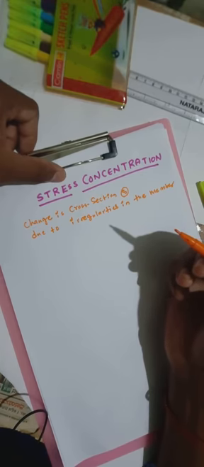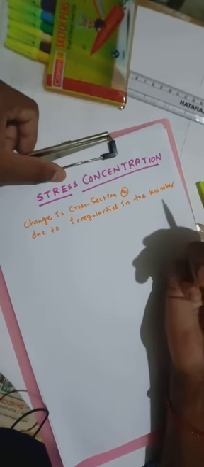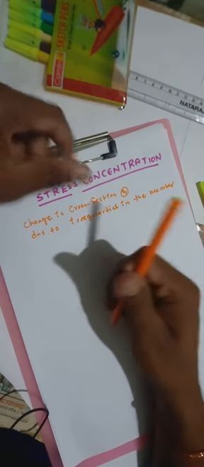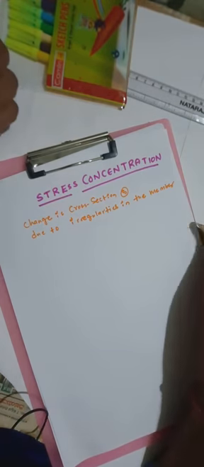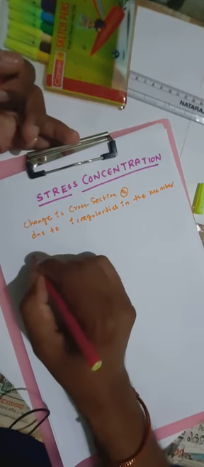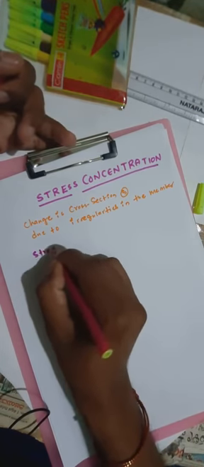Also internal defects such as cracks, voids, etc., and also load discontinuities and material discontinuities. These are some of the important causes of stress concentration. Apart from that, we need to discuss one more very important factor, which is very useful for the problems: the stress concentration factor.